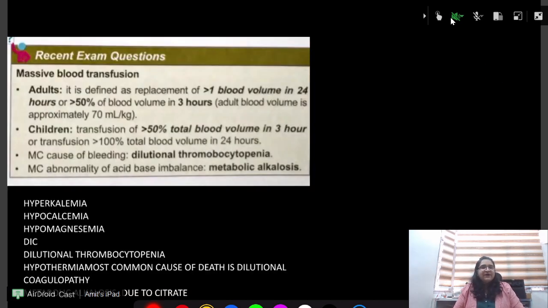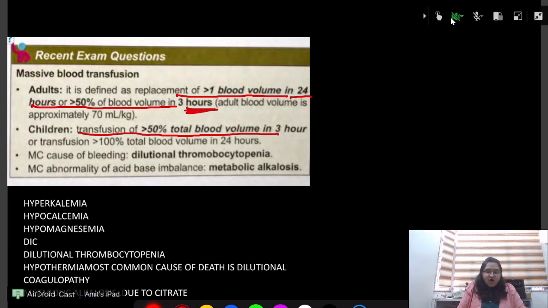Next, what is massive blood transfusion? In adults, it is defined as replacement of more than one blood volume in 24 hours or more than 50% of the blood volume in 3 hours. In children, it is transfusion of more than 50% of total blood volume in 3 hours, or transfusion of 100% of blood within 24 hours.